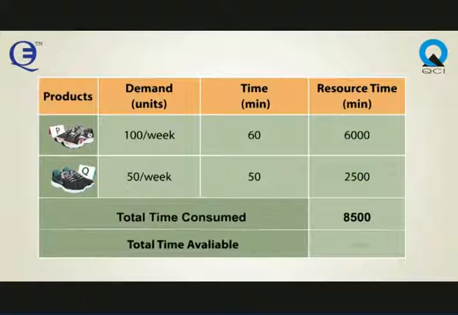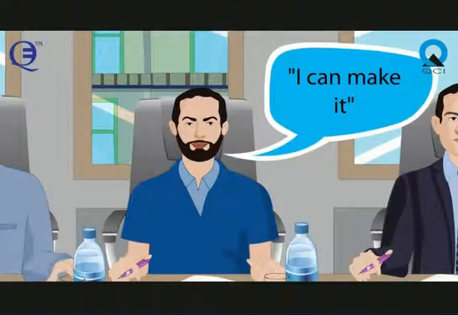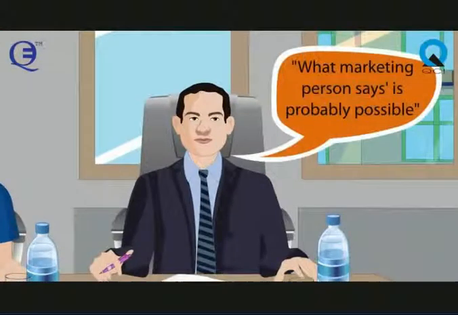Total time available, 9,600 minutes. I can make it. He's systematic. He tells you that it is possible. This is one way of calculating. And you go ahead and you say, okay, what the marketing person says is probably possible.